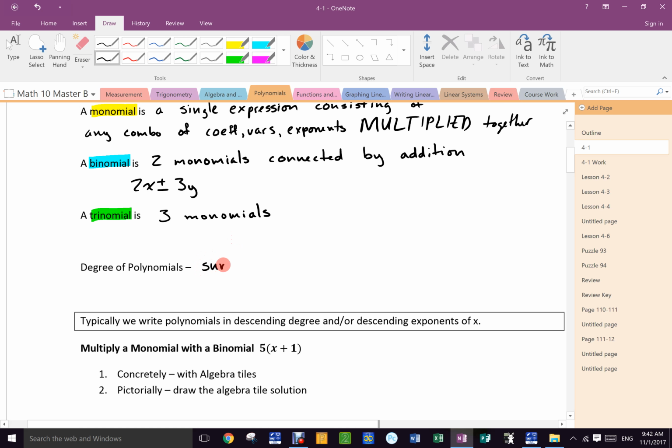The degree of polynomial is very simple. It is the sum. Don't write that. Sorry. It is the greatest sum of variable exponents in any one term.